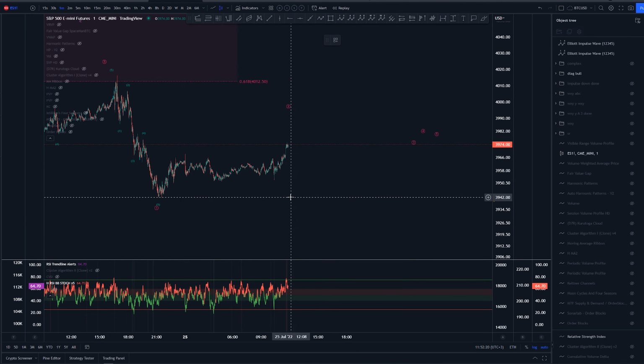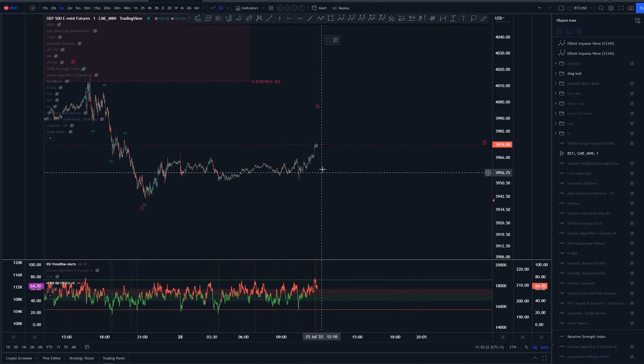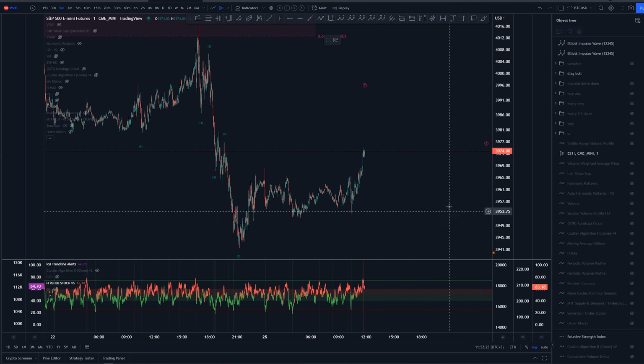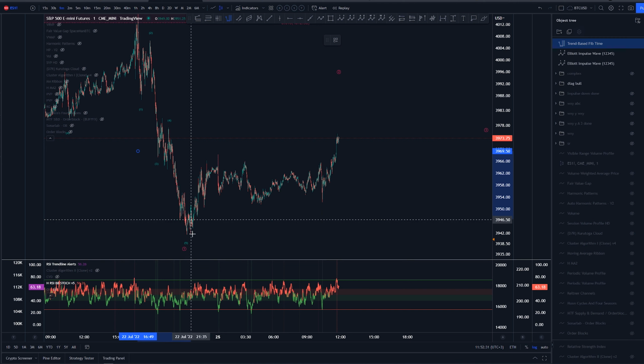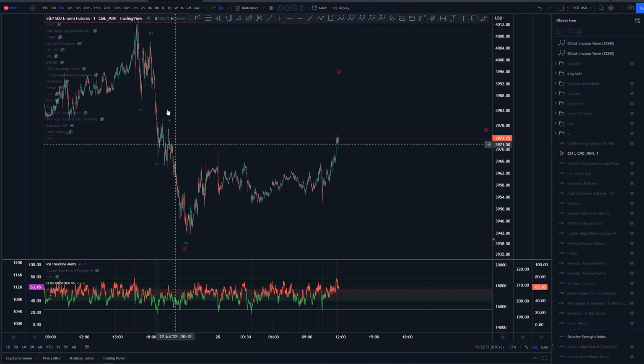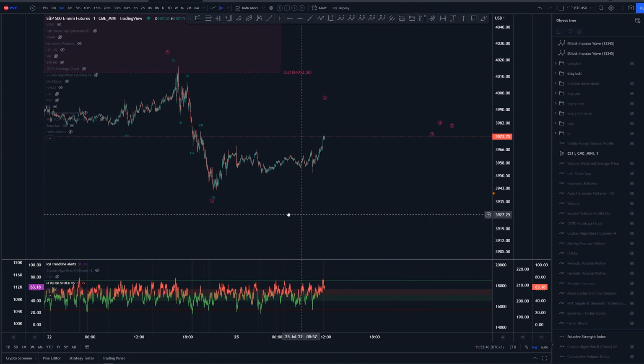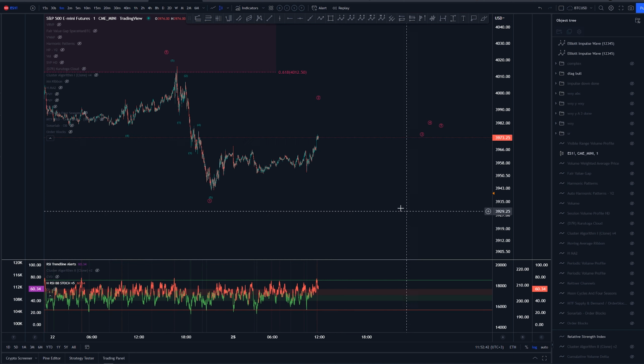Now at the moment it is a bit unclear what this structure is. Definitely looking like it is a B wave or something, or a wave 2. If we are looking at time element, we can see that it has taken quite a long time already compared to the first structure here. So generally it would be expected more to be a B wave here than anything else.